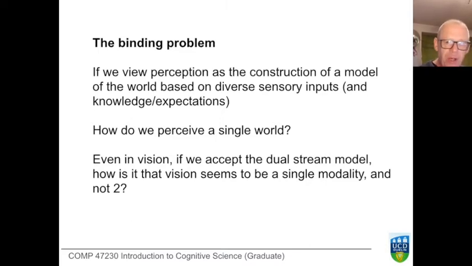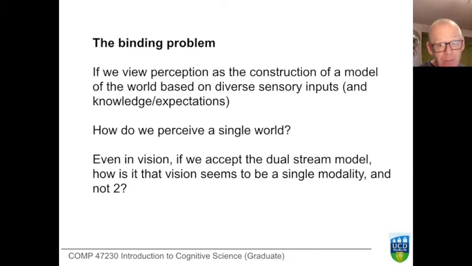Now, we don't have two separate visual experiences. We see. And it's difficult to say what we see, but it doesn't seem to be two kinds of seeing. We can separate seeing from hearing, but I don't know that we can separate seeing as it applies to movement from seeing as it applies to recognizing. So the binding problem is that if we accept a dual stream model, how is it that vision seems to be a single modality?